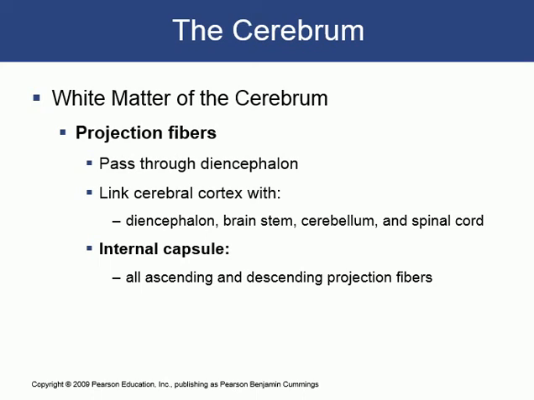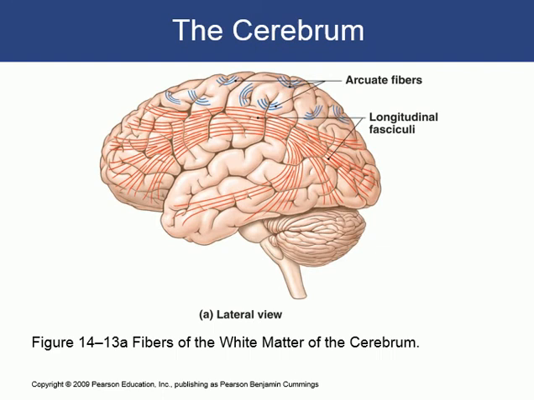The projection fibers will link the cortex with all different parts of the brain. It goes from the cortex to different parts, so it actually goes outside of the cerebrum. If you look at these, what is the blue?